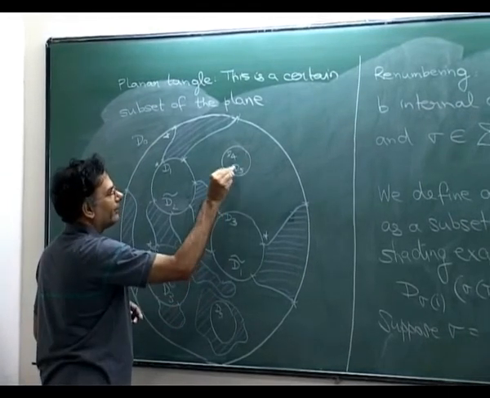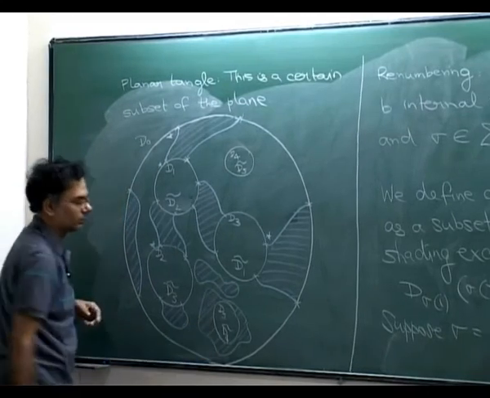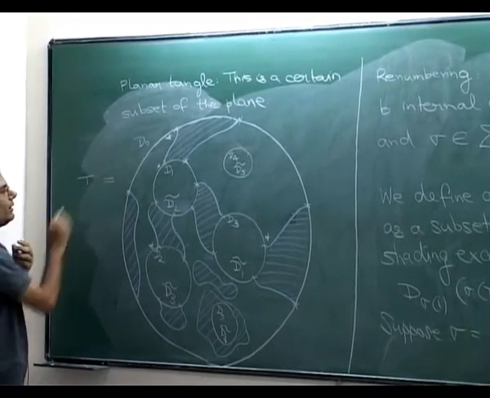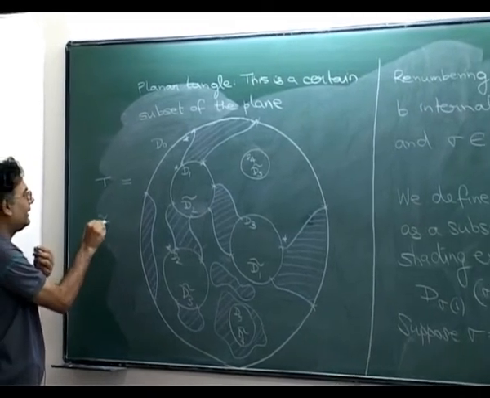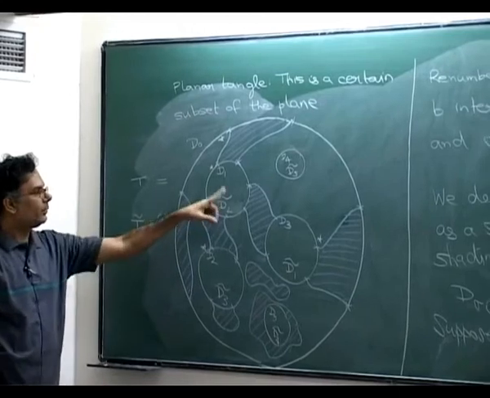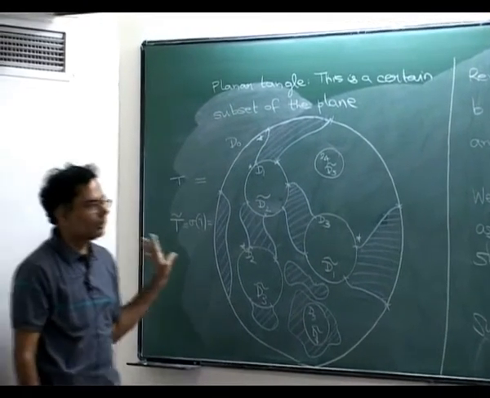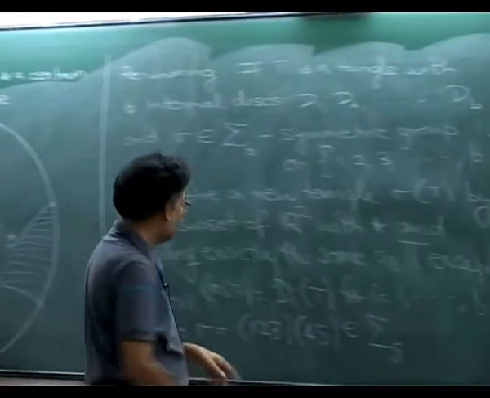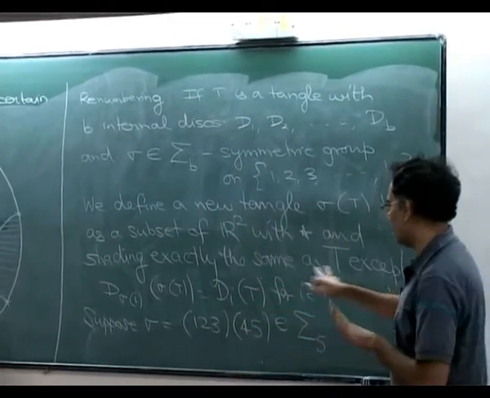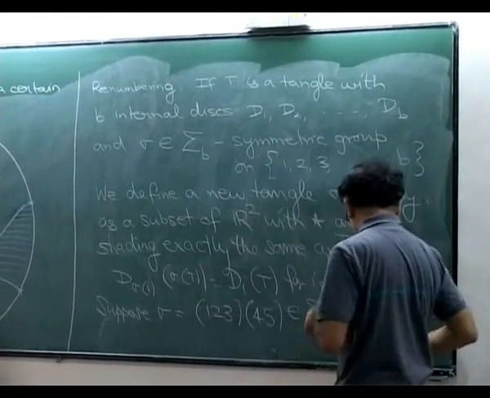D4 will become D5, and D5 will become D4. So if T were the original one, T tilde is sigma T. The tilde ones refer to the disks of sigma T. You must be a bit careful in this prescription as to whether you are using sigma or sigma inverse in the right spot. This is the correct prescription: D sigma i of sigma T is Di of T.